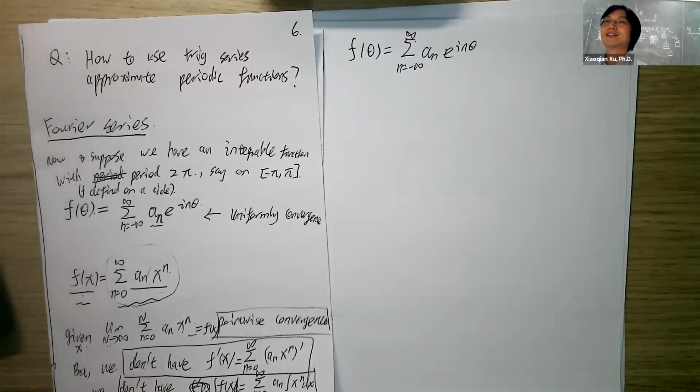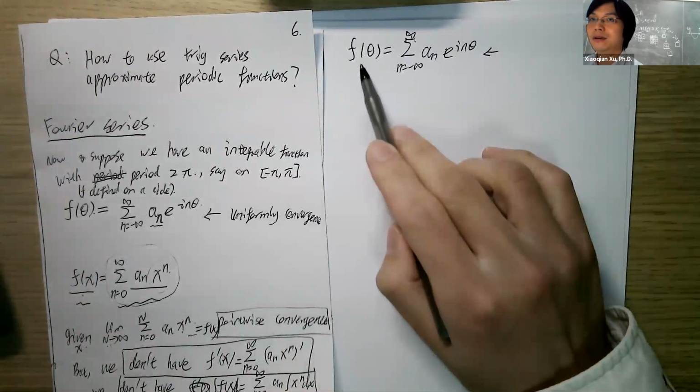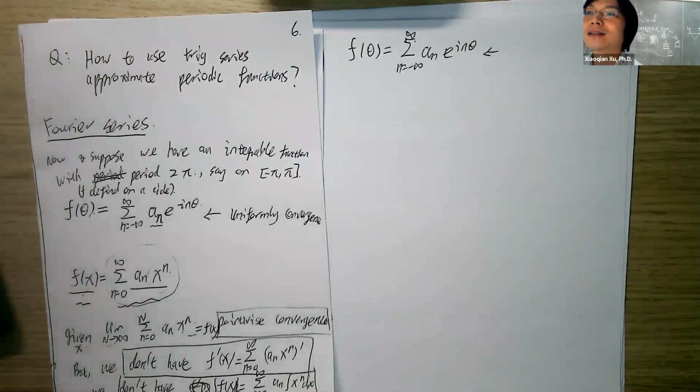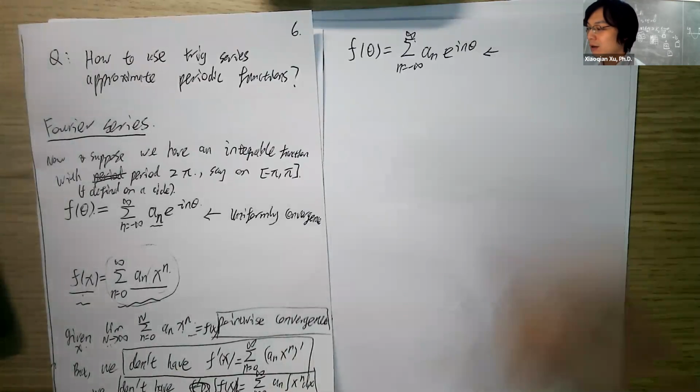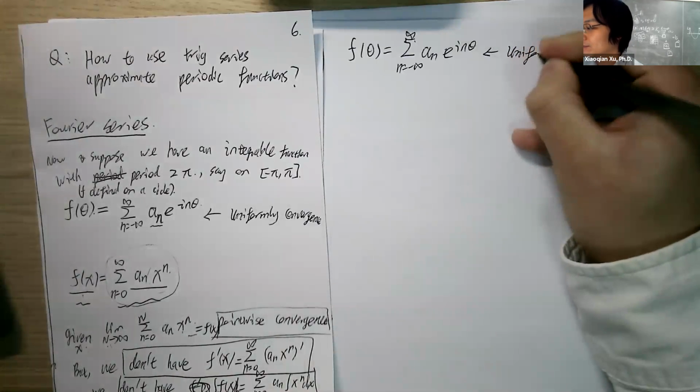So if this convergence is not uniform, then we cannot take the derivative term by term. This will be a big issue, right? So if we really want this sequence to approximate this f(theta), what we want is not pointwise convergence. We want uniform convergence.